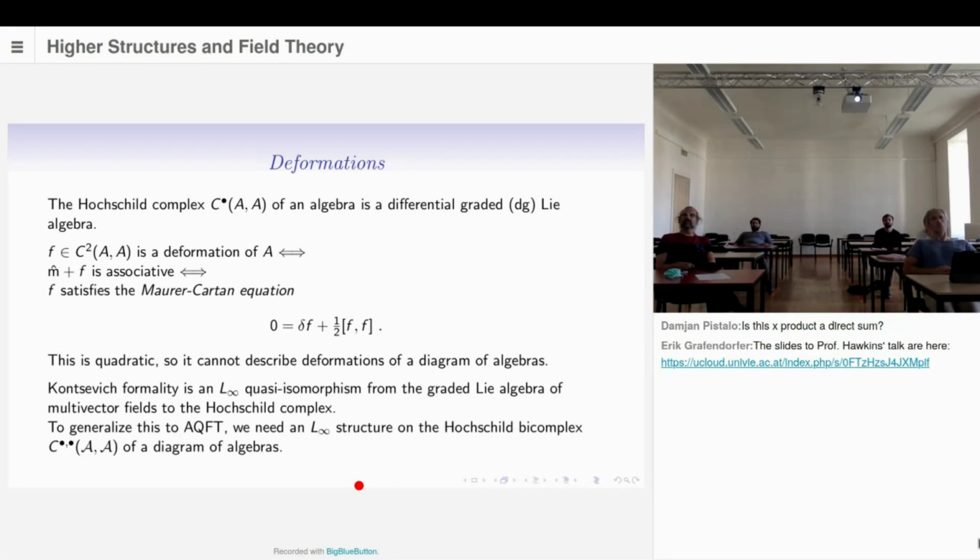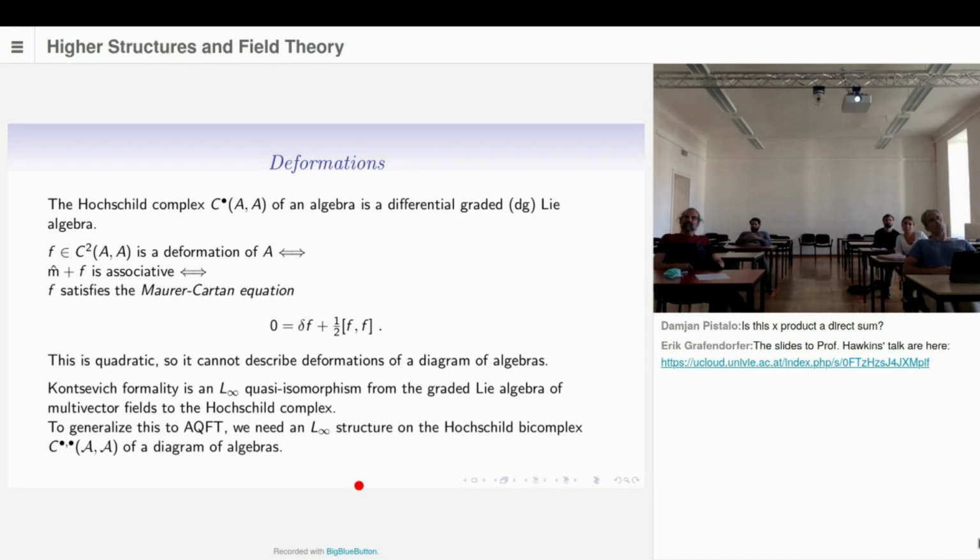now think about deformations. First of all, the classic story of deformations of an associative algebra, a single associative algebra. So you have the Hochschild complex of an algebra A. That has the structure of a differential graded Lie algebra, or I'll say DG from now on. So what is a deformation?